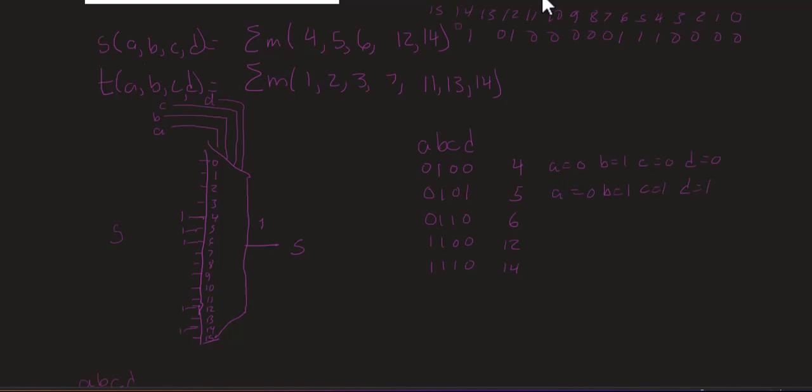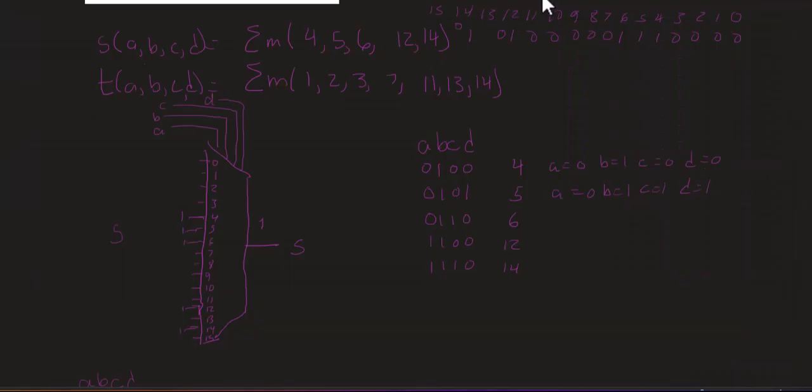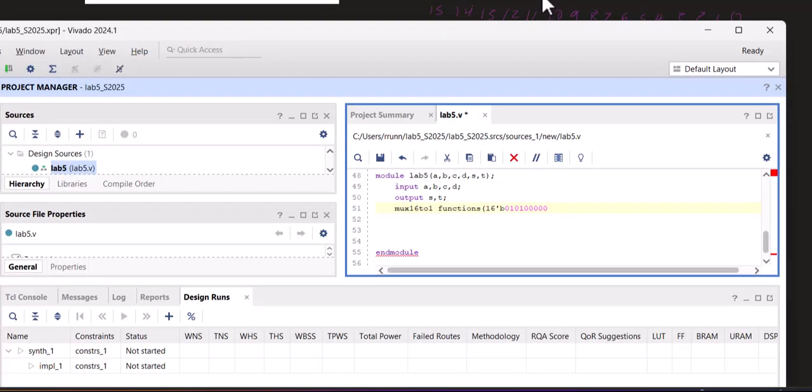So my number is 0, 1, 0, 1, 0, 1, 0, 1, and then 5 zeros. 3 ones and 4 zeros. Comma, and then my input is going to be putting together A, B, C, and D as a 4-bit number, and my output is going to be S.